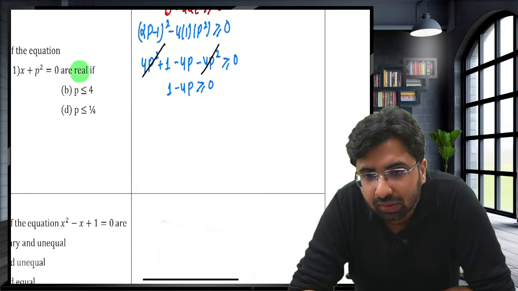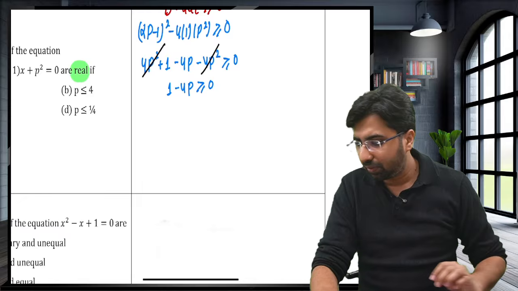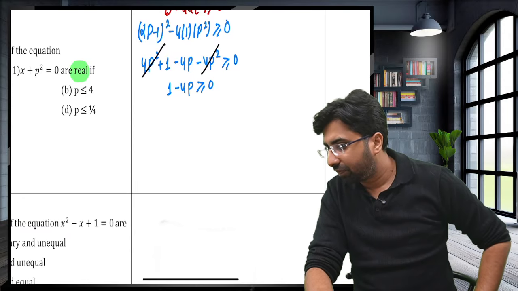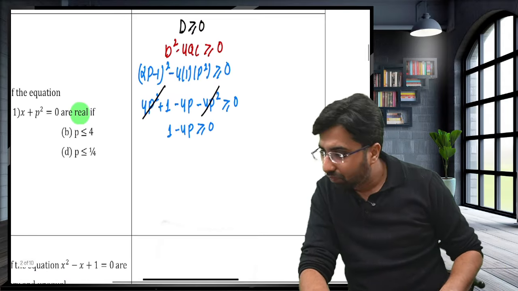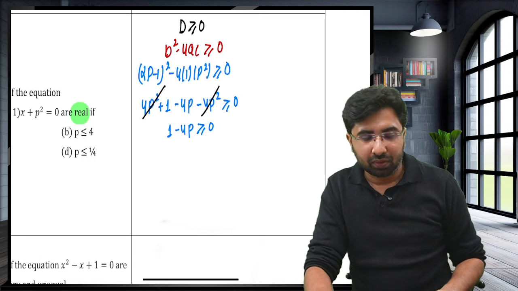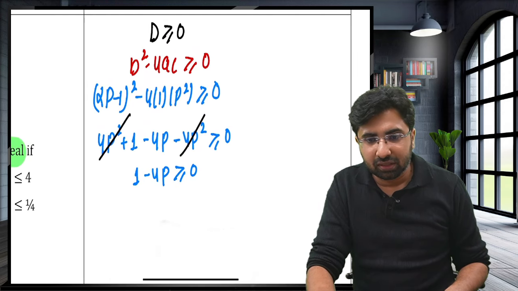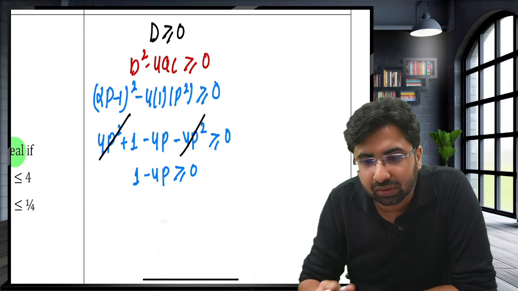Sir, screen is not clear. Just a second, guys. It should not happen. Now check. There must be an internet connectivity issue from your end, because the recording is not clear.